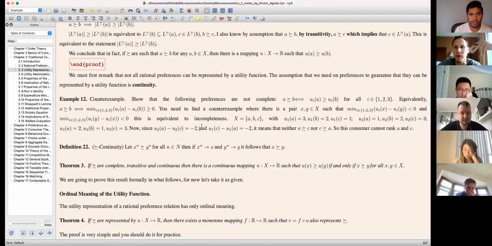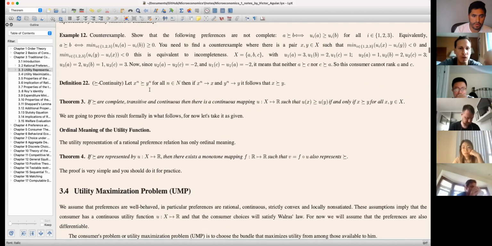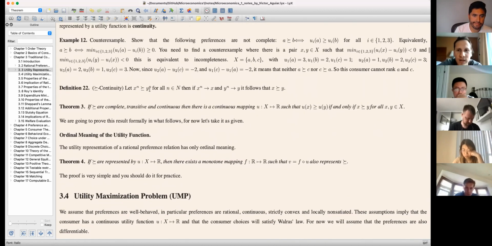That is, if preferences are not complete, then the second part of the tautology does not hold, or isn't that necessary? You mean in this proof? No, in the proof of the example we just saw: show that the following preferences are not complete, A is weakly preferred to B if and only if the utility of A is greater than B.